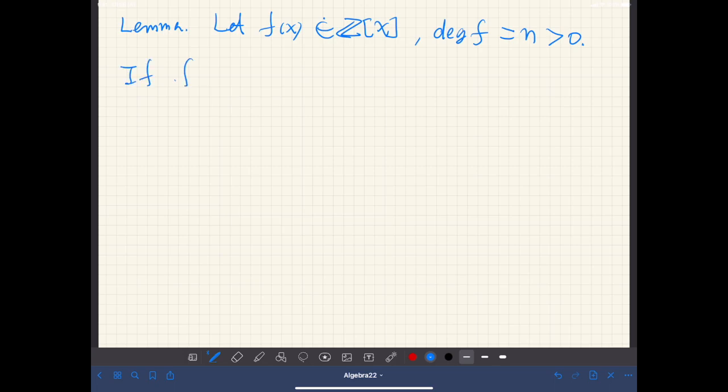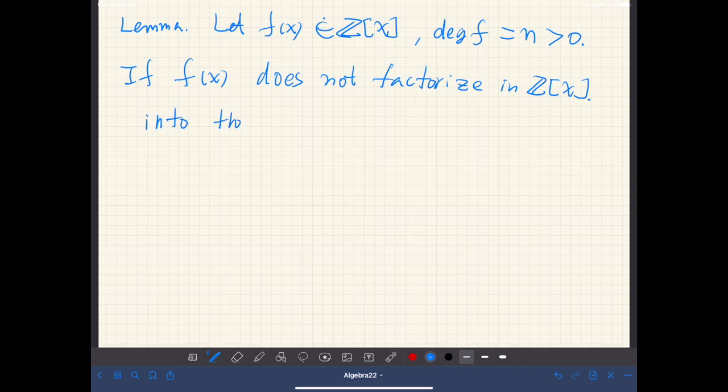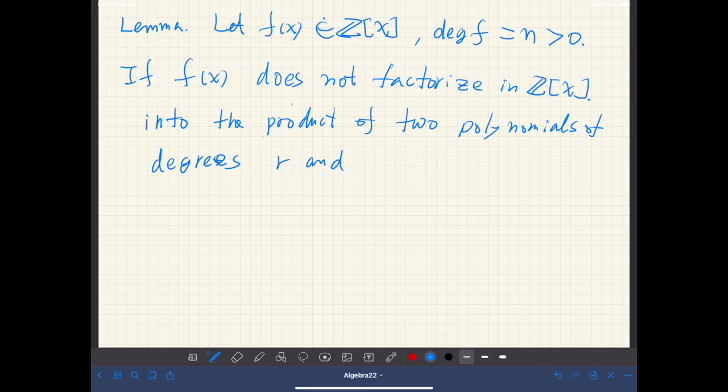And then, if f of x does not factorize in Z[x], so this cannot be expressed as a product of two polynomials with integer coefficients of degrees r and s, where r and s are between 0 and n, and r plus s is equal to n.